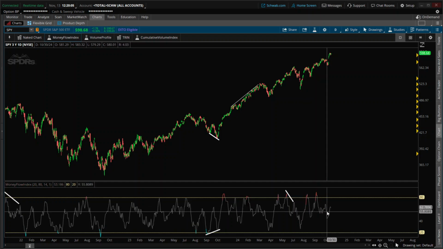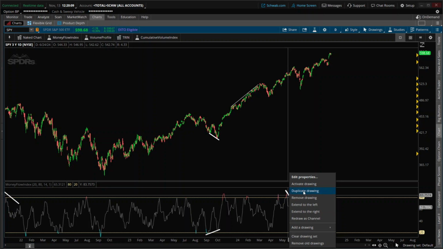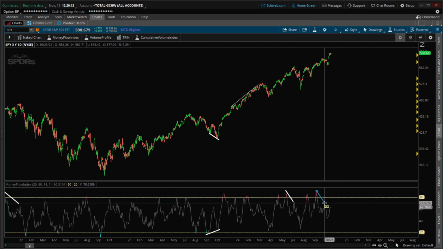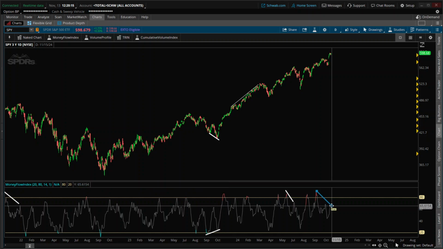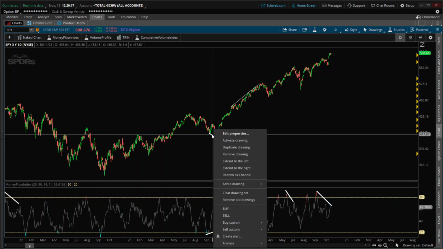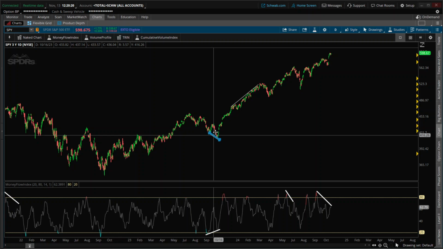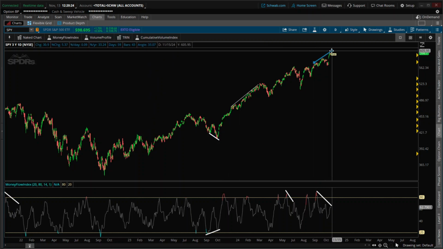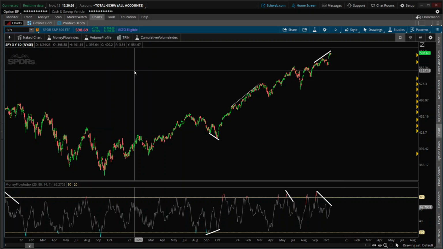And we're looking at these now creating divergence here as well, from this peak to this peak to this peak. Non-confirmation there, at least from there to there.